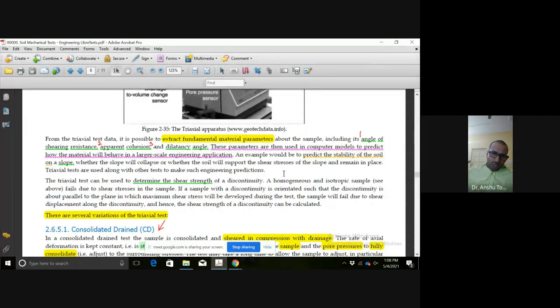Because an earthquake is a lateral load, we are talking about the lateral pressure on the soil sample. So under what minimum and maximum conditions is that soil sample going to fail against a lateral load, most of the time an earthquake load, which is going to be applied from the horizontal direction.